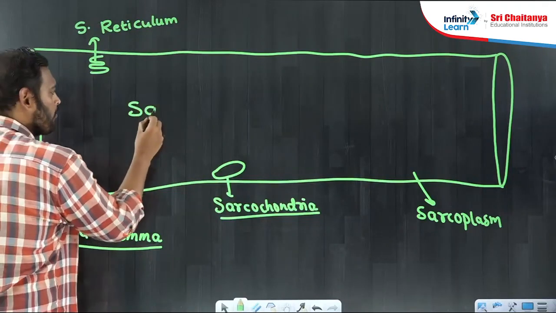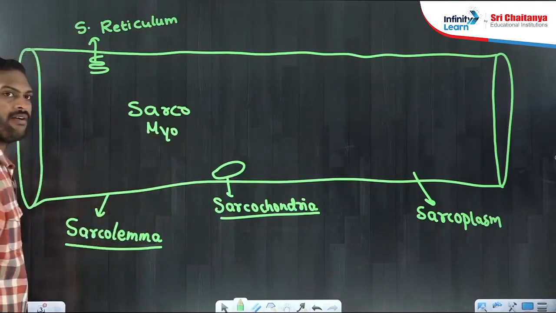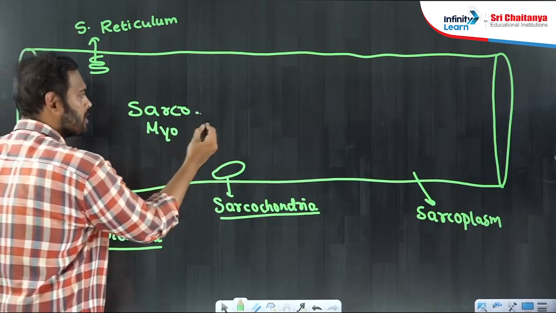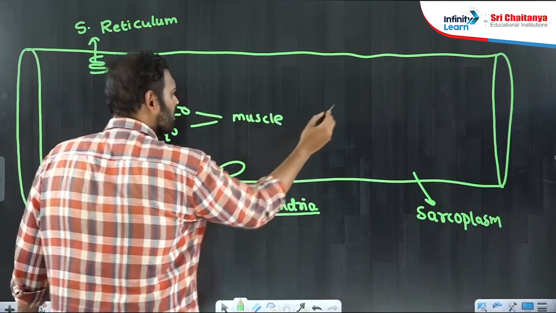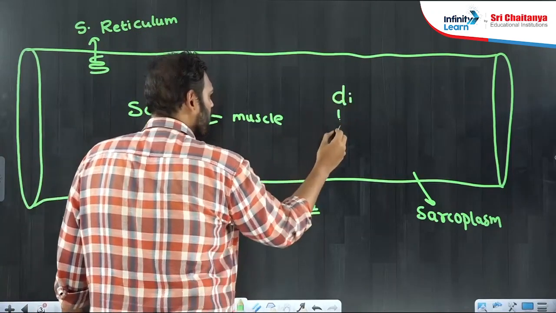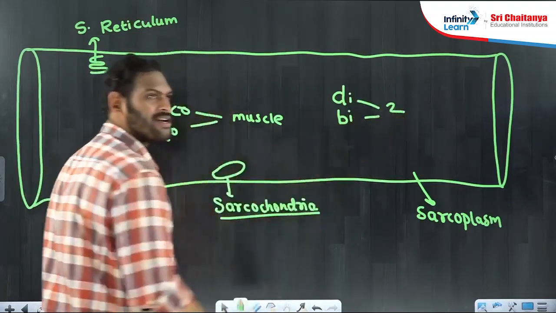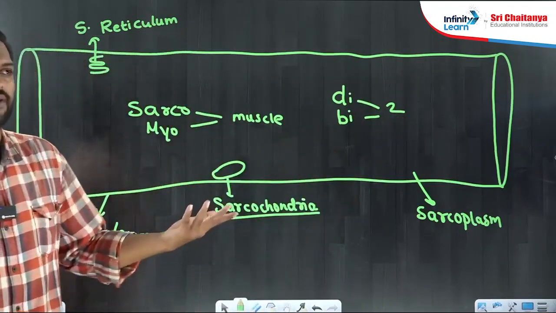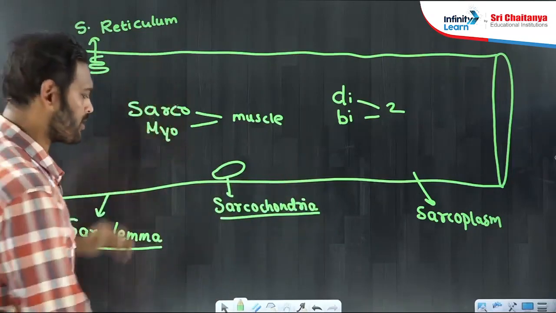Both are different languages, and both mean muscle. Just like di and bi, both are two. Tetra, quadra, a language difference, Latin and Greek, same. Sarco, myo, both are accepted.